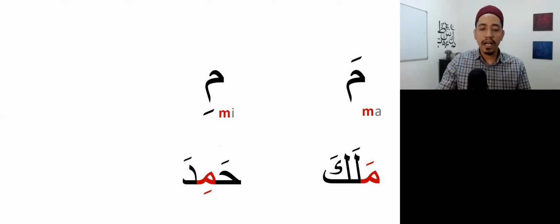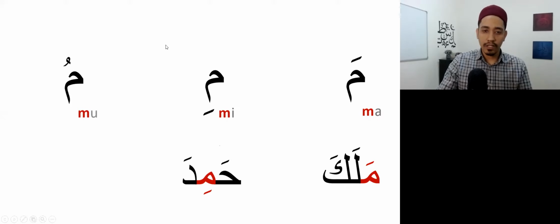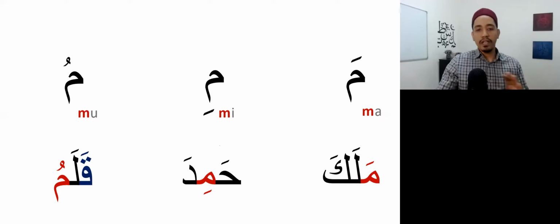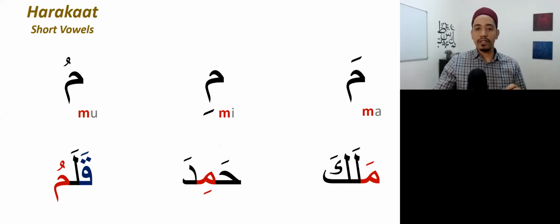If we add a dhamma, which is the u sound, the meem will become mu, for example, qalamu. And these are the short vowels known as the harakat.